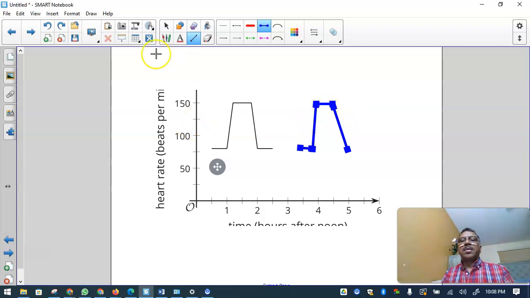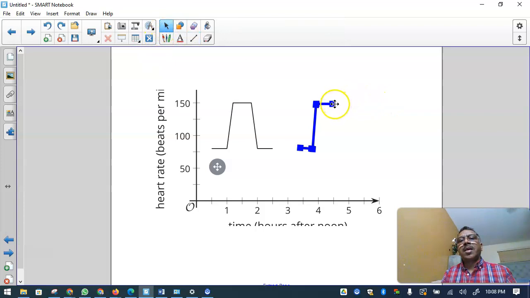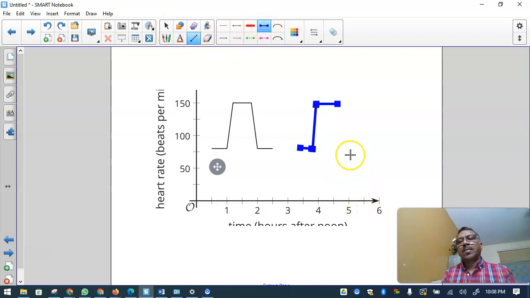It doesn't look good. So I have to extend this one a little to the right. And then from here, okay, let's just do it.